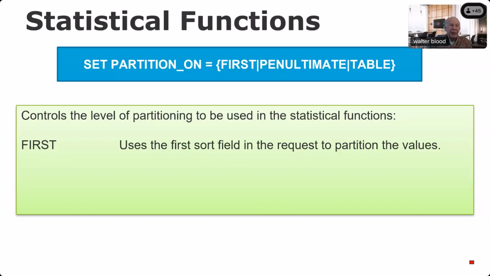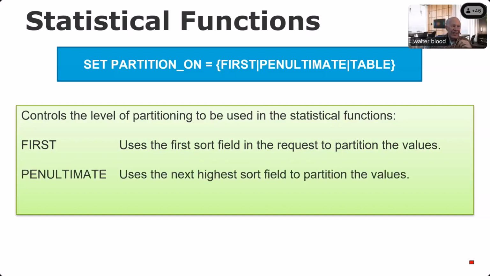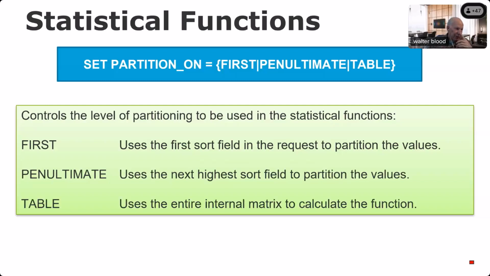The penultimate allows us to use the next highest sort field to partition the values. So if I'm working in a segment and I want to partition it on the segment above that, I use the penultimate. Table allows me to use the entire matrix as my partition.